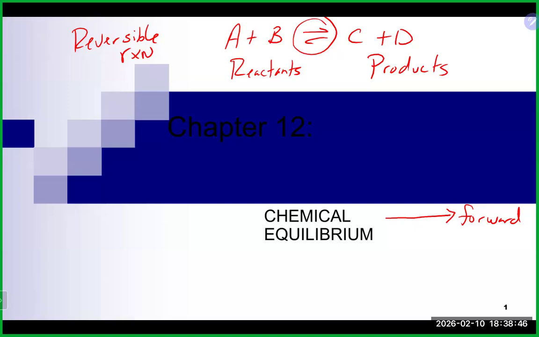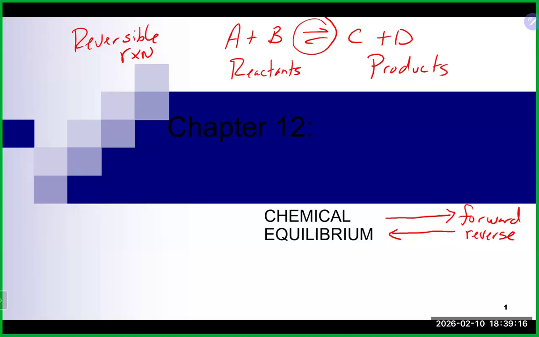At some point when this reaction starts and continues, there will be a buildup of products. And those products will then be able to come back together and head back the other way and make more reactants. The reaction can then head in the opposite direction, going from products back to reactants, and that is what is known as the reverse direction.